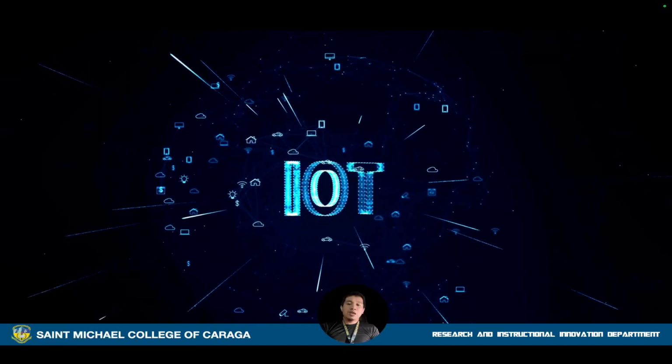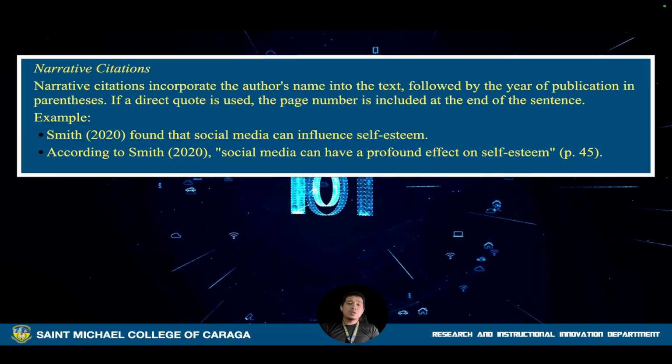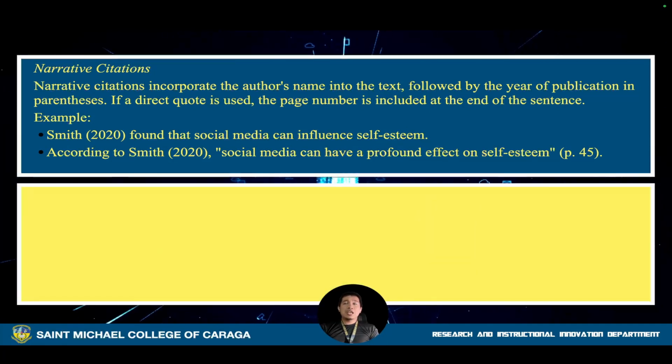If you're going to look at narrative citations, you use the last name and then, in parentheses, the year of publication. And if it's a direct quote, then you also put the page number.